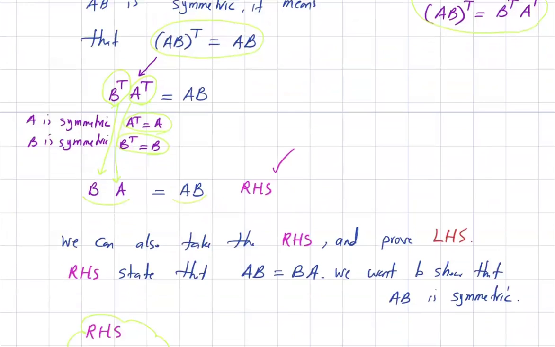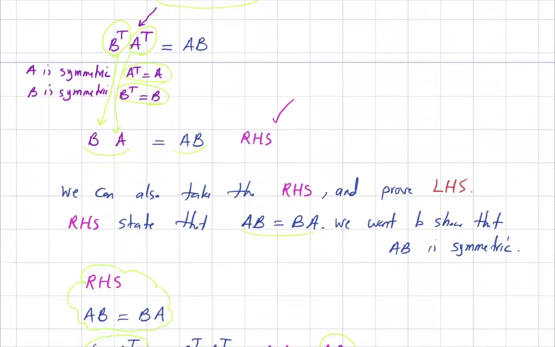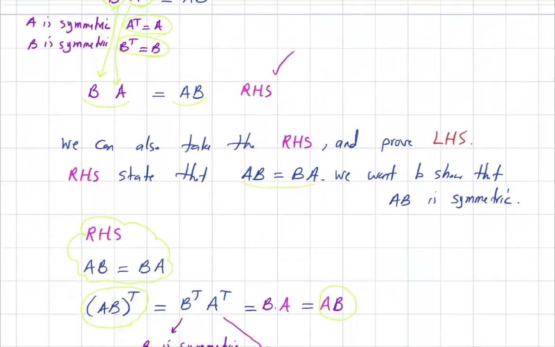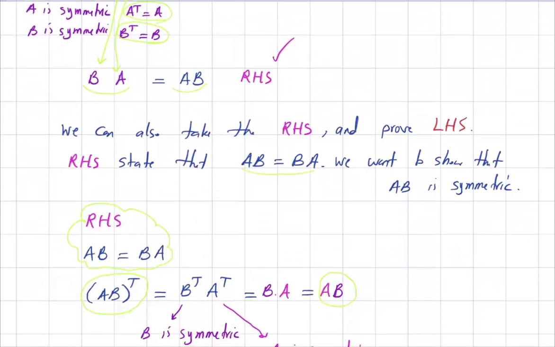We could also start by the right-hand side of if and only if and prove the statement on the left-hand side of the if and only if. The right-hand side says AB is equal to BA. It means that the multiplication is commutative. We want to show that A times B is symmetric. Okay, keep that. What is the transpose of AB?